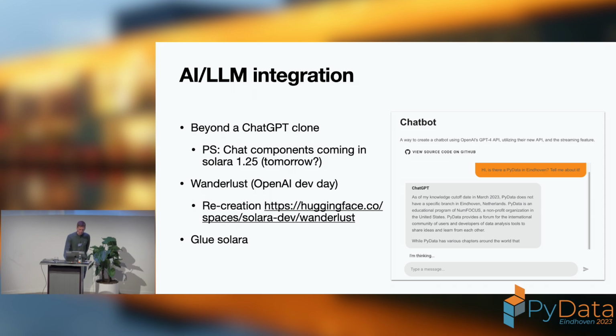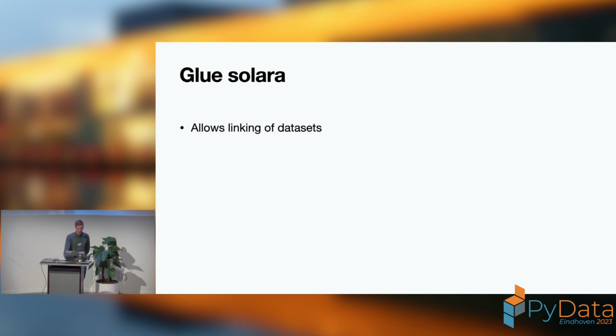And another example that we came up with afterwards is this Glue project that I described before. You can actually also do some really interesting things without chat. So this Glue program allows you to link data sets. You need to say this column is equal to this column.